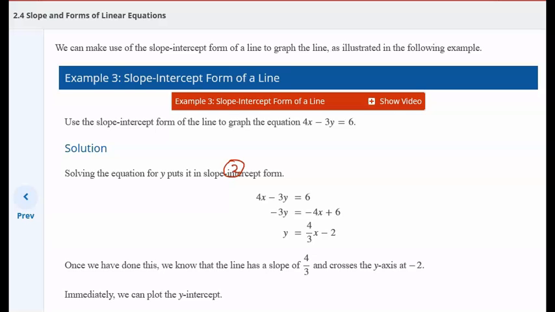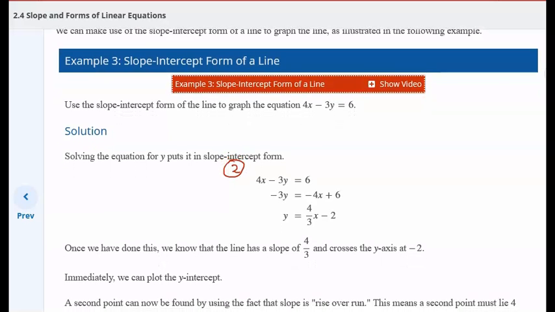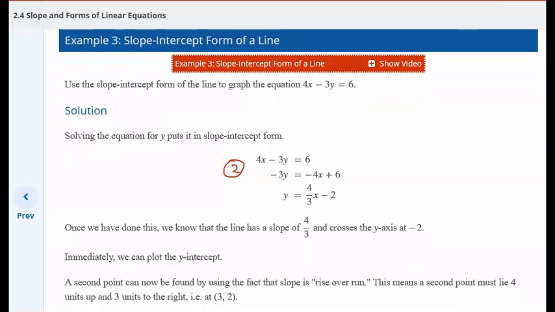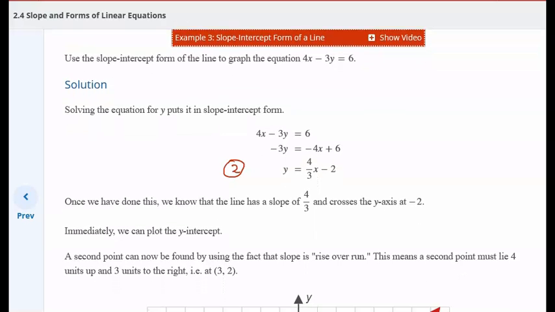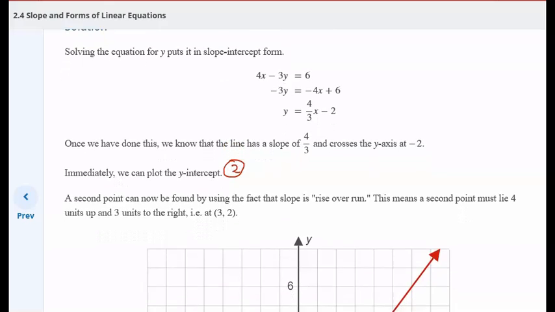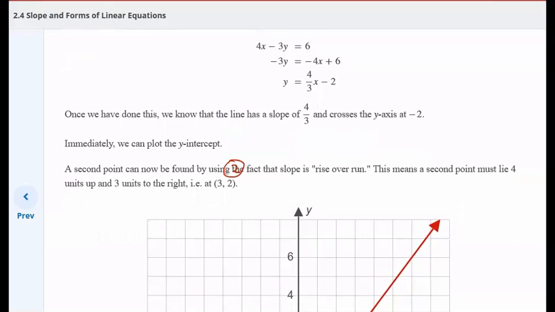Now in example 3, they're going to take the slope-intercept form and show us how to graph once it's in that form. And we'll start off with standard form here. Let me write it out for you.